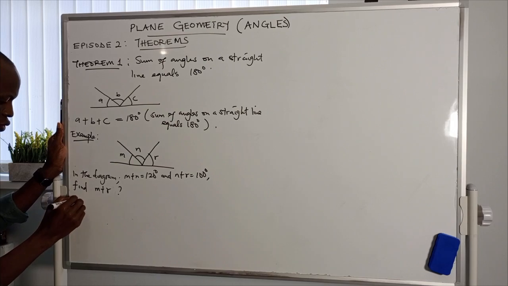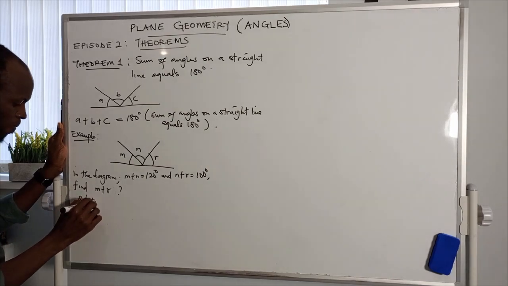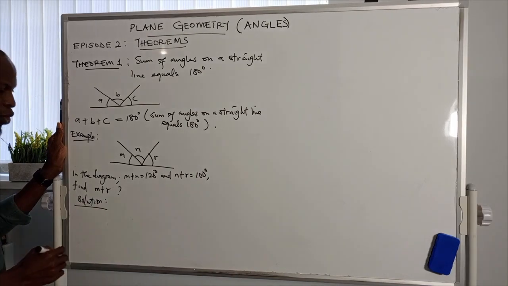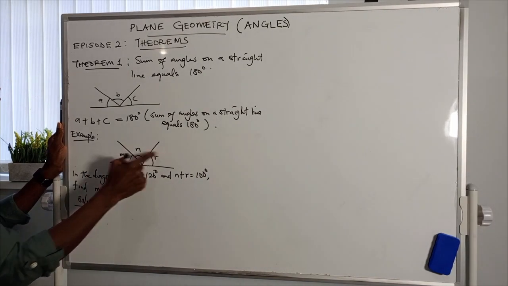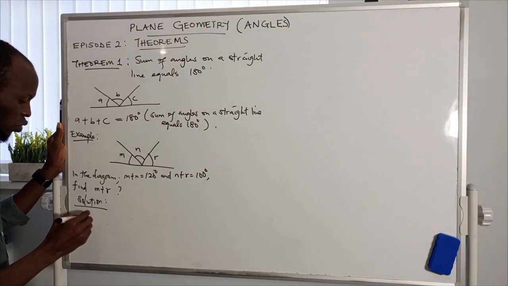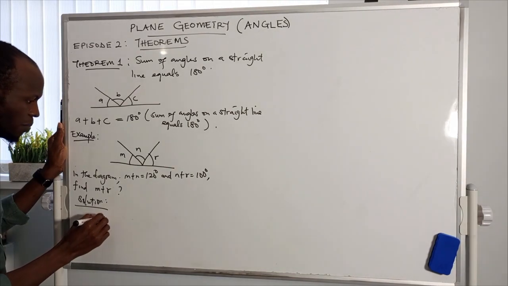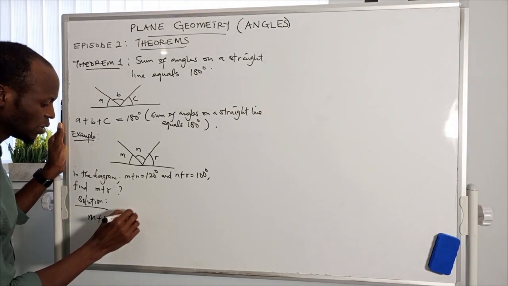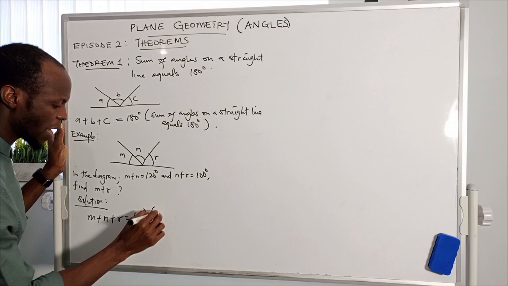Solution. We know that the sum of angles on this straight line will equal 180 degrees. That means M plus N plus R equals 180 degrees. Why?